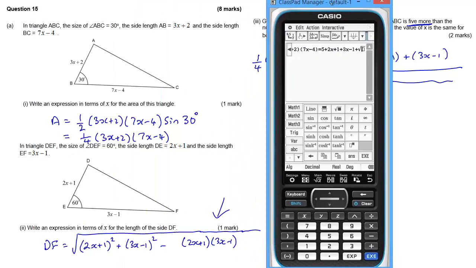of 2x plus 1 all squared, add 3x minus 1 all squared, take away 2x plus 1, 3x minus 1, and then we need to be out of that, and close the bracket, and execute.